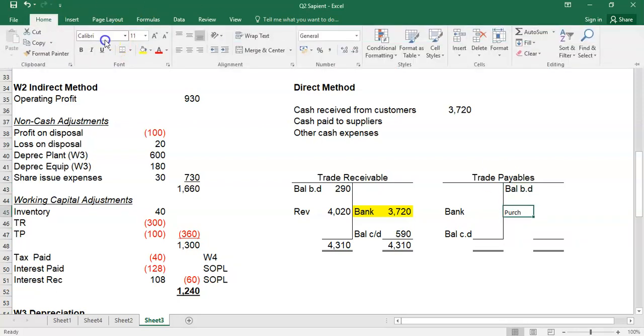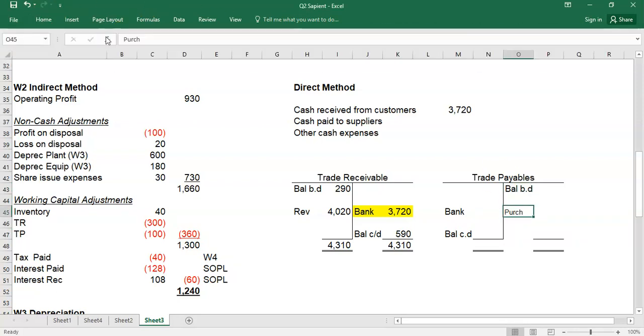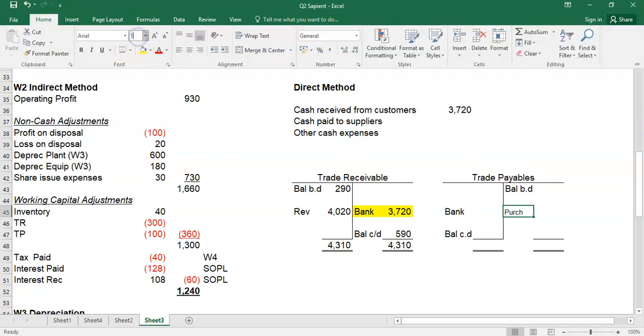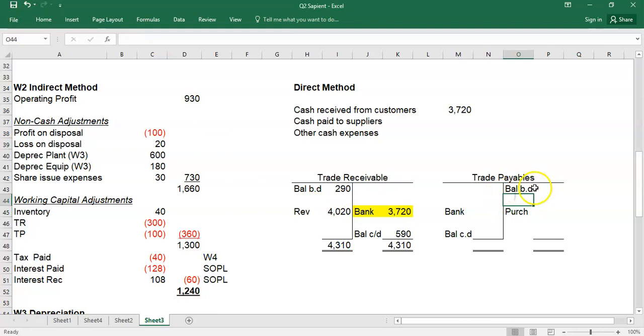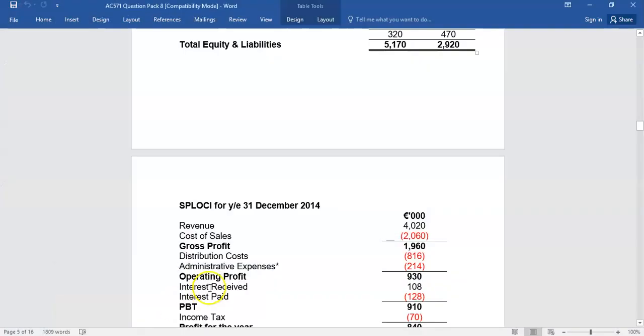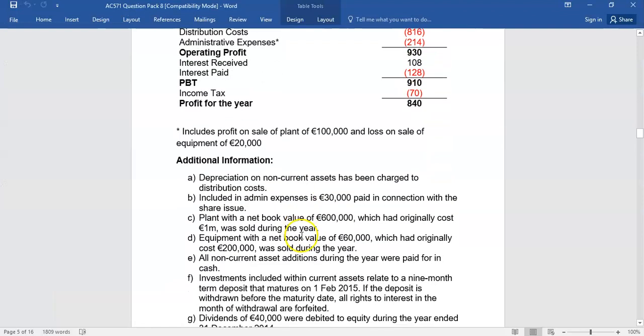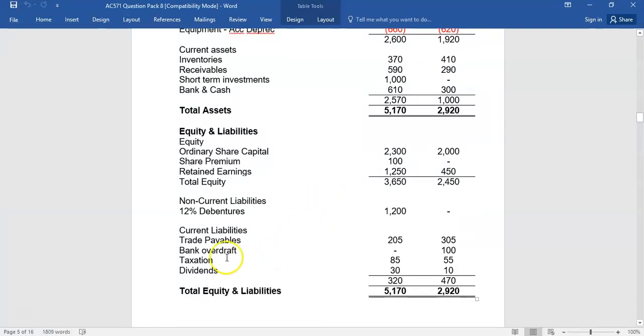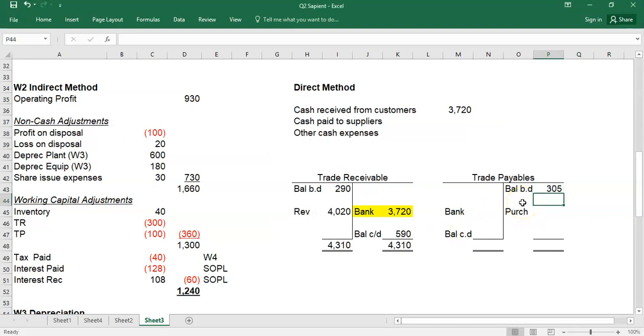Just make sure that's the right size. So let's have a look then at your trade payables. So in our case here, your trade payable opening balance was 305, closing balance was 205.